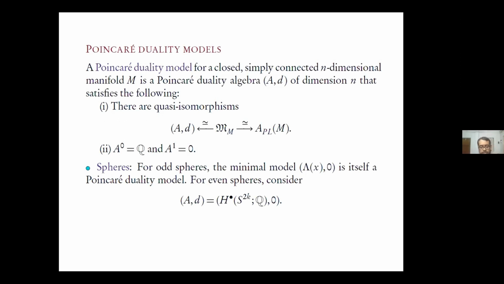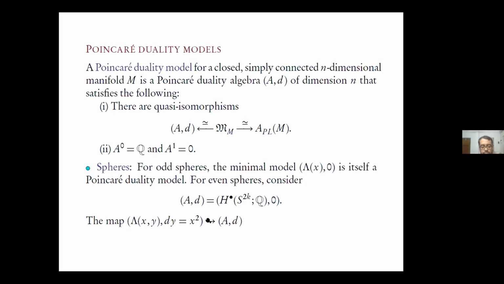What about even spheres? Well, for even spheres also, one could take the cohomology ring of the even sphere. So take A to be the cohomology ring, and as we remarked earlier, the cohomology ring is already a Poincare duality algebra, and you take the differential to be 0 because on the cohomology there's no differential. We've already taken the kernel mod image, and then it's pretty clear that there is a map from the minimal model to this thing.